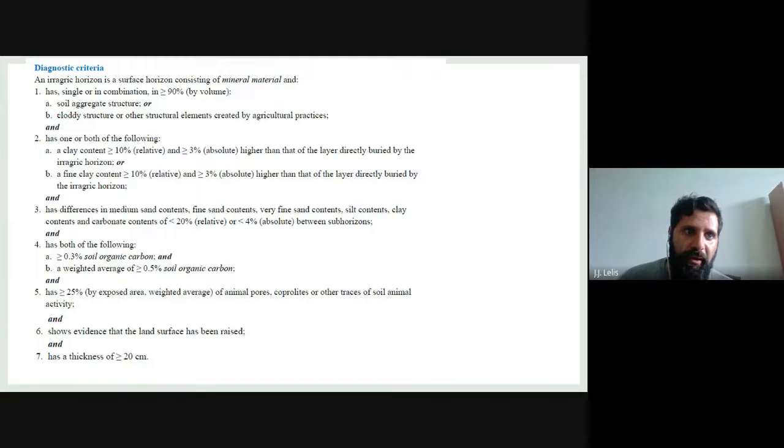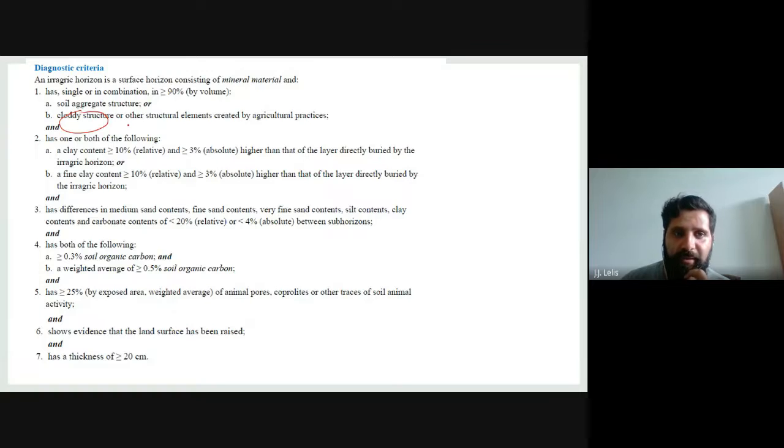The irrigate horizon is a mineral material. It's composed of mineral materials, so the organic carbon should be lower than 20%, as in the Arctic horizon. And it should present structure, so we need to see aggregates or peds, or at least a clotted structure.